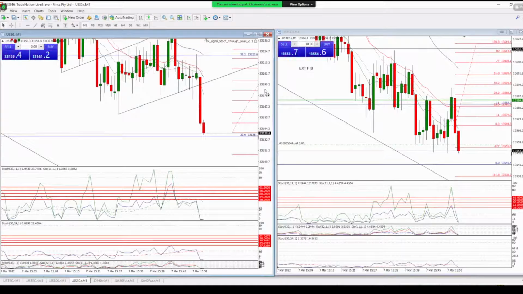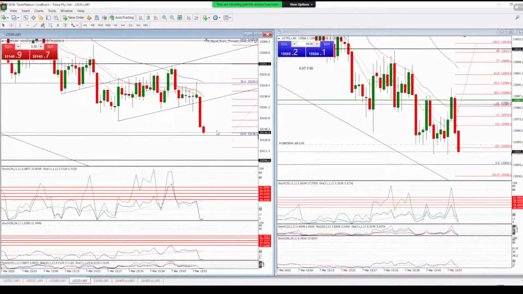Okay, next support, 77% retracement of the 1 minute grid, 23 level.